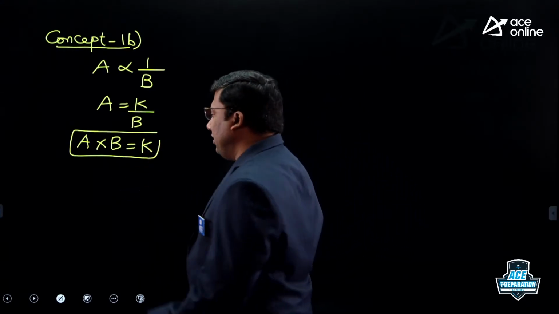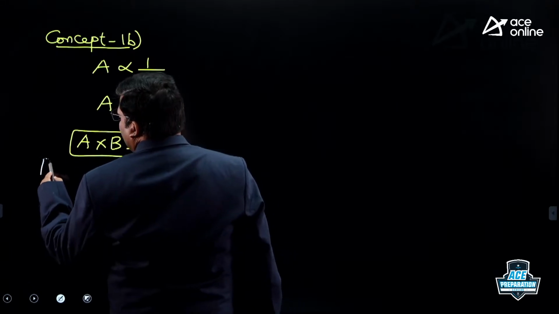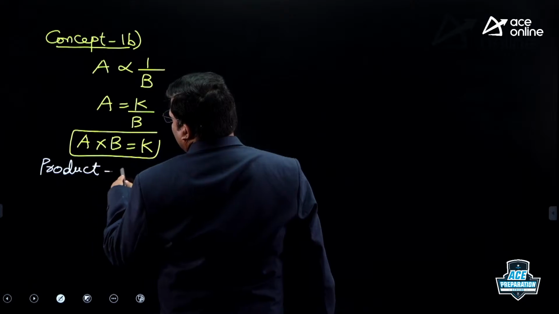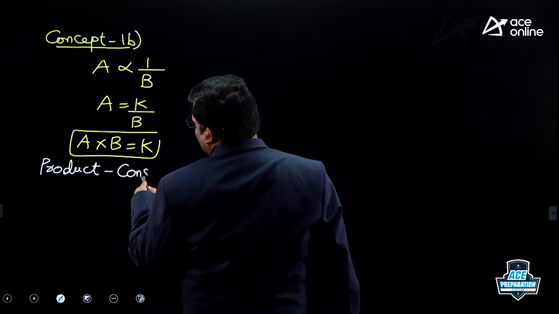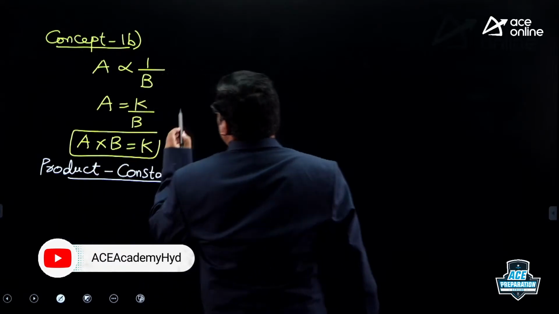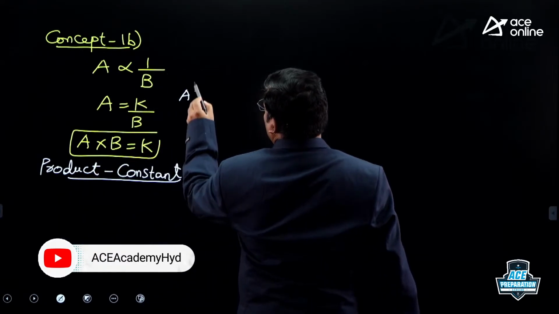Product of two parameters will be constant. Whenever A and B are inversely proportional, what will be constant? Product will be constant.